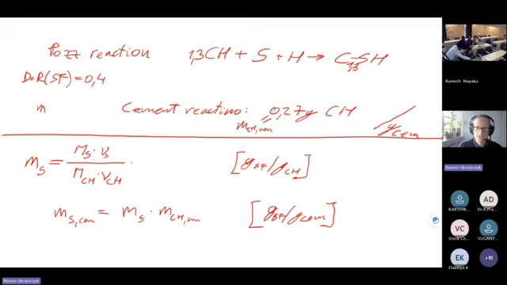Which you can then compare directly with your thermogravimetric measurements, and then you can fit this degree of reaction. Here we actually are missing the degree of reaction. You can determine the degree of reaction inversely from this model, just fitting your results from TG.